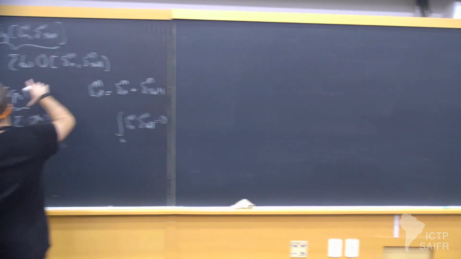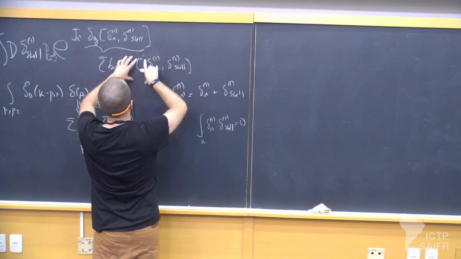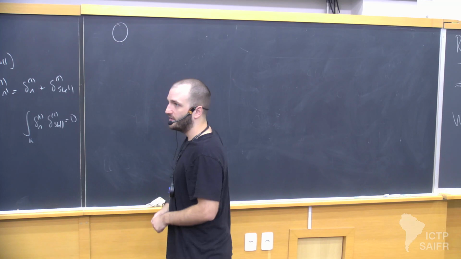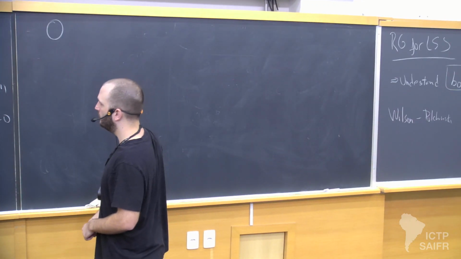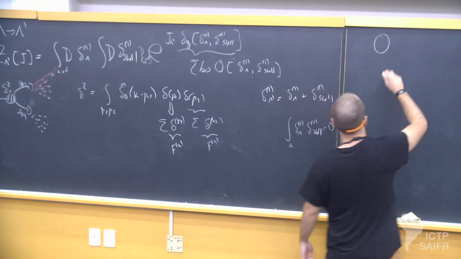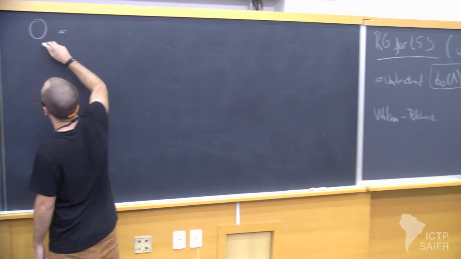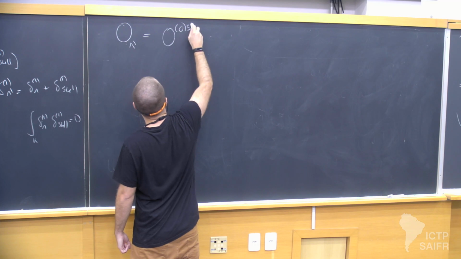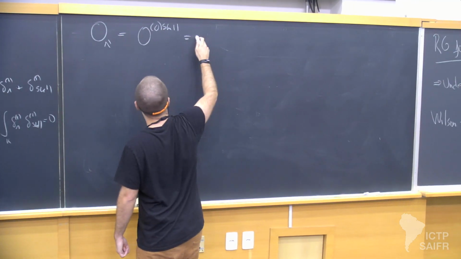I'm going to expand this part here, each one of the operators O. Let's take my O in lambda prime and decompose it in terms of the number of shells.